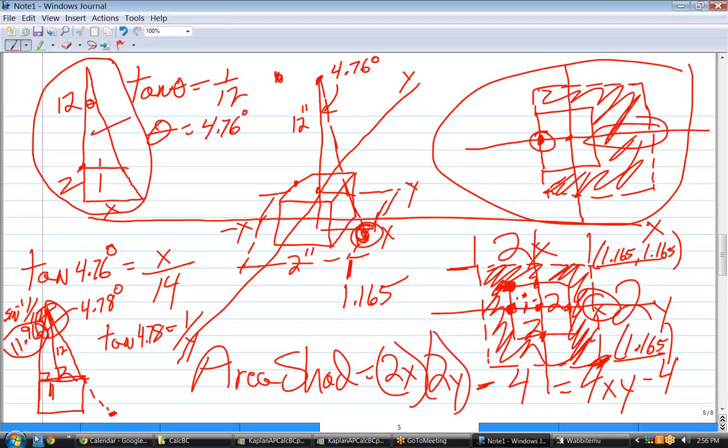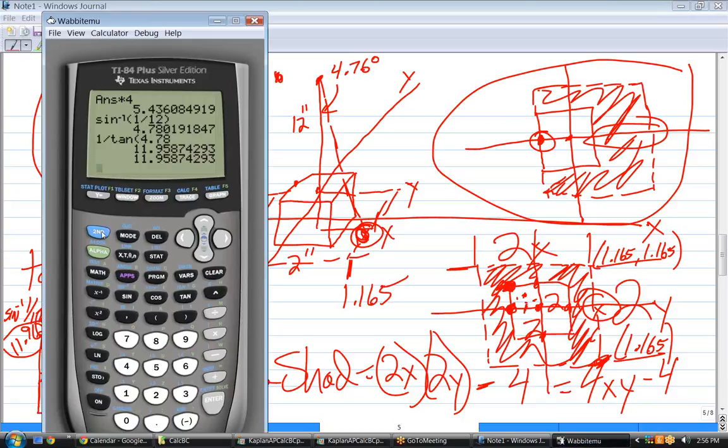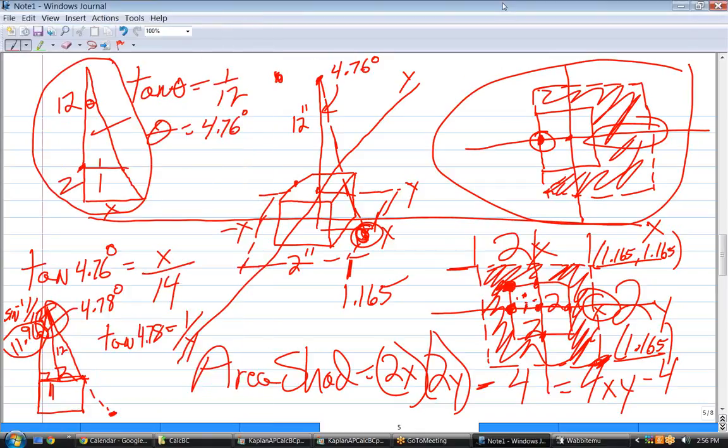It's the inverse tangent of 2 divided by 11.96. That's 9.49 degrees. So this big angle is 9.49 degrees, which makes that angle 9.49 degrees.